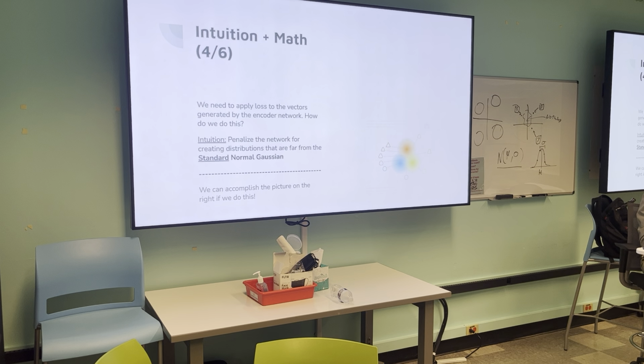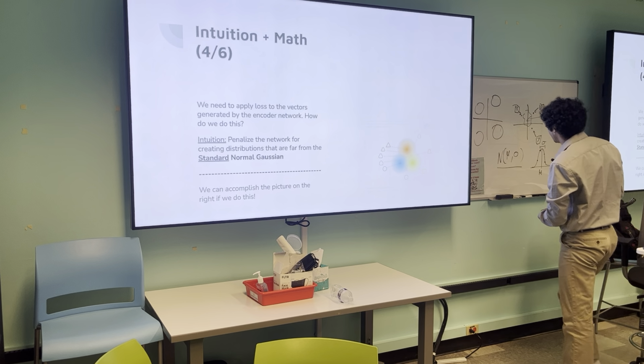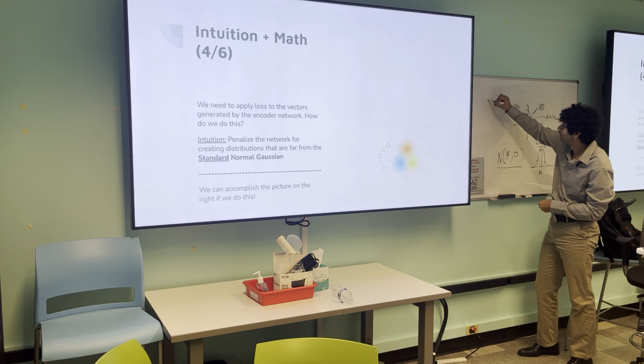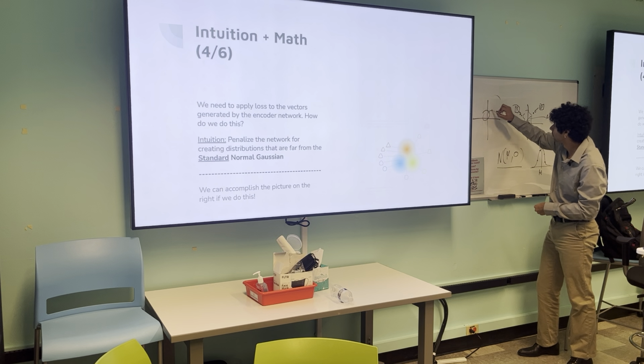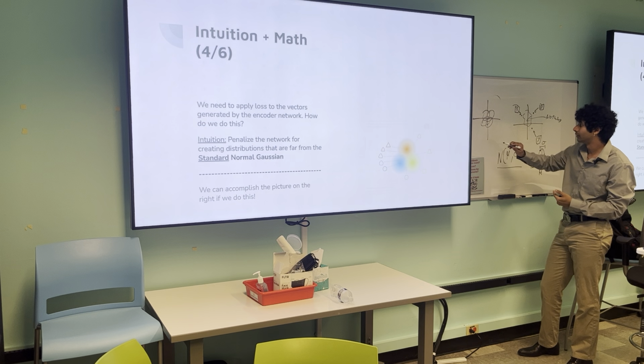So how do we make it so that all of these things are together in one space? How do we make it so that all the bubbles are concentrated around the middle? I want one bubble here, one here, one here, and one here. The answer is kind of what I drew out right here.